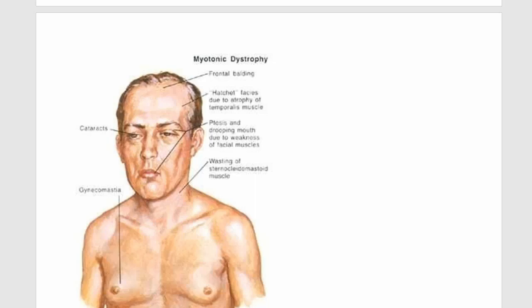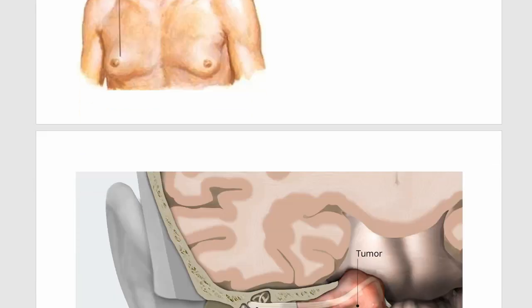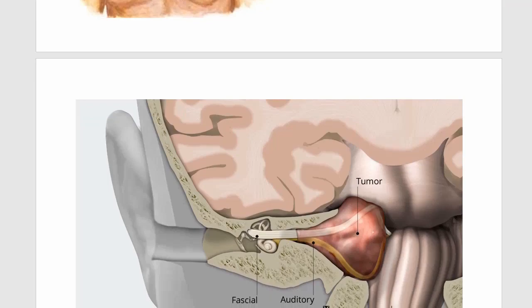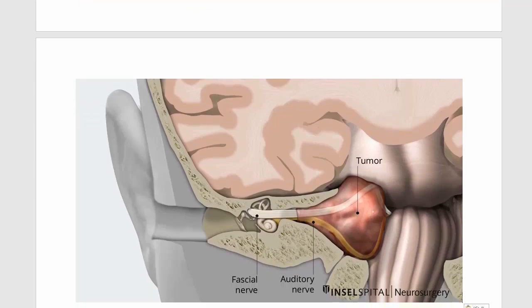So the final one we have is a vestibular schwannoma. So this is a benign tumor, so it's not cancerous, and that arises from the Schwann cells, which are found in the nerve of the vestibular nerve specifically, so the one that goes to your ear. With this, you tend to get sensorineural hearing loss, usually on one side, because you imagine it's affecting one ear.